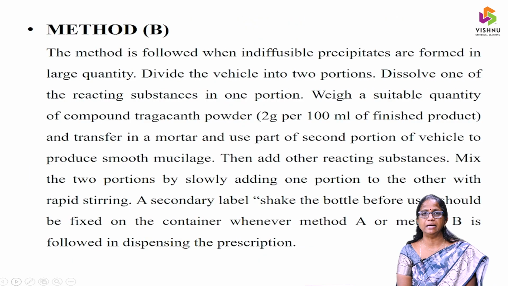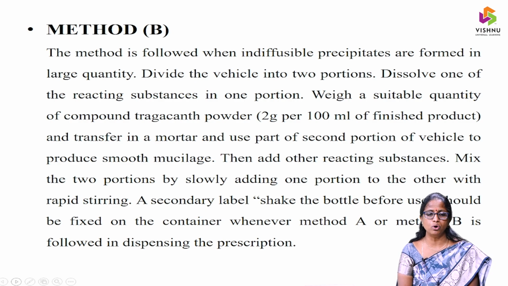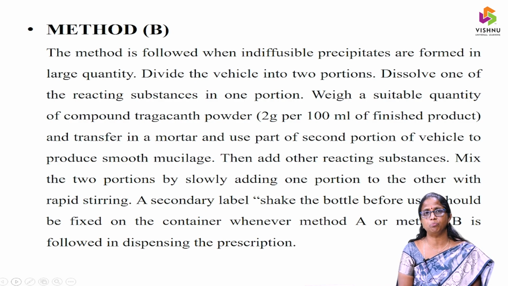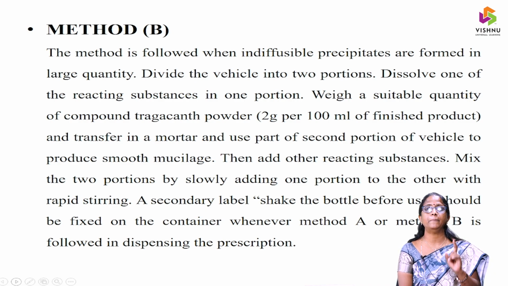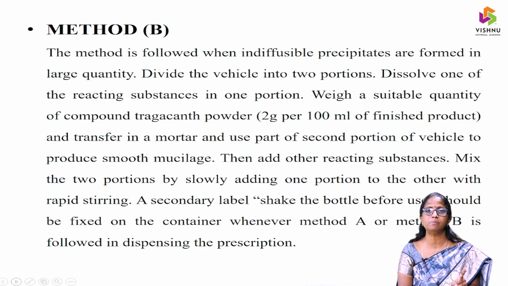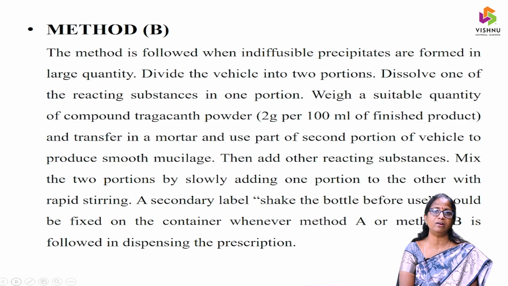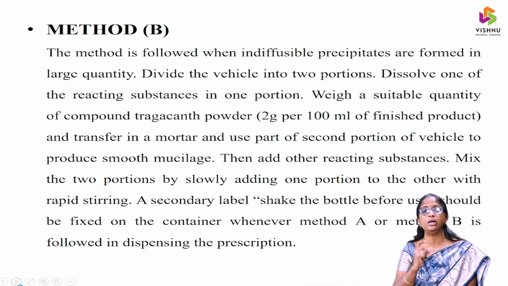In method B, we add tragacanth powder. Always remember, method A is used for diffusible precipitate, and method B is used for indiffusible precipitate. Wherever an indiffusible precipitate is there, you need to add a suspending agent like tragacanth powder, at 2 grams per 100 ml. Here also you divide the vehicle into two equal portions.